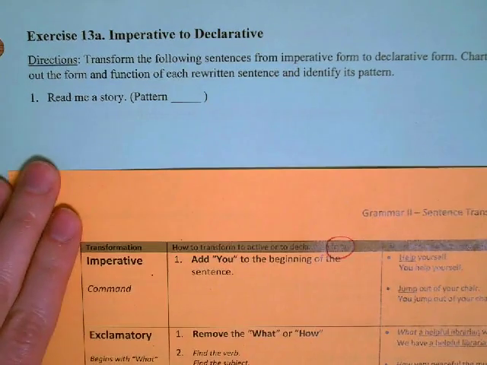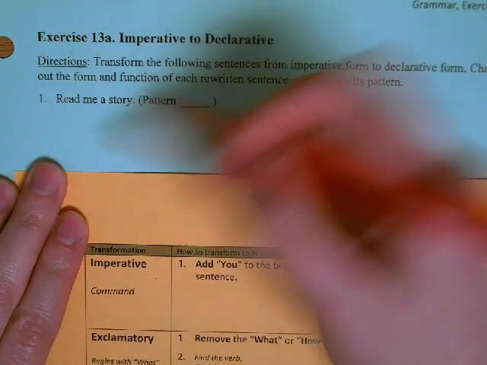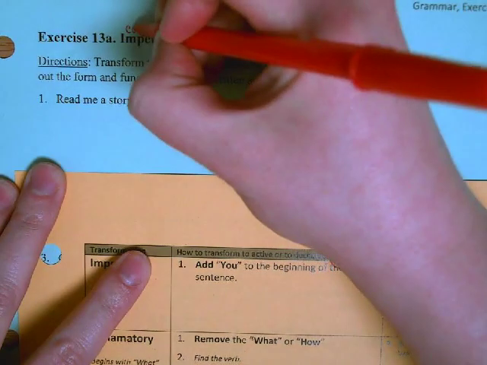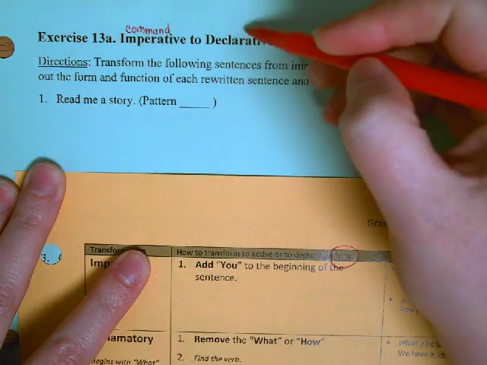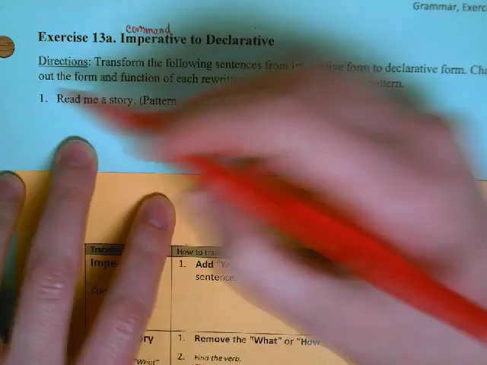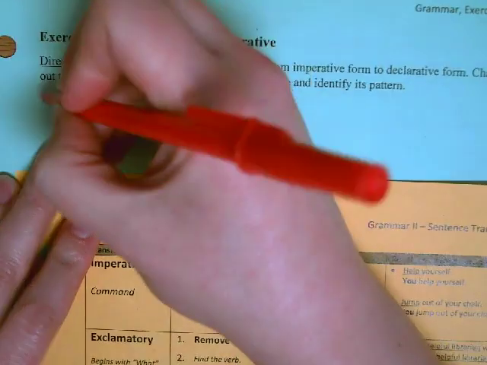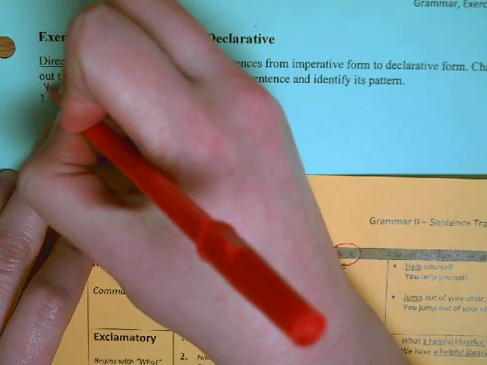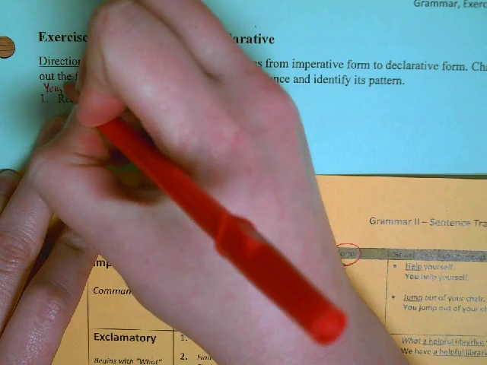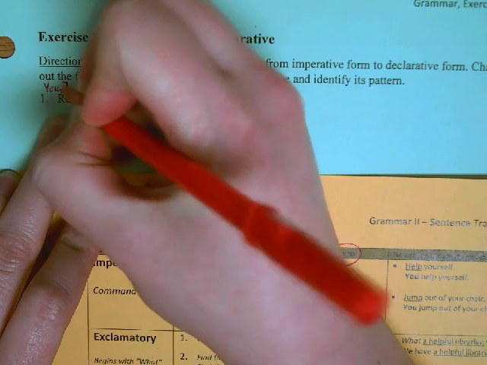And so the first one that we have here, and we're just going to take a look at in this video, the first example is taking a sentence that's a command and moving it back into that statement of fact. Okay, so a command sentence generally implies the subject, and so the subject will usually not be there, and so the subject is usually you.